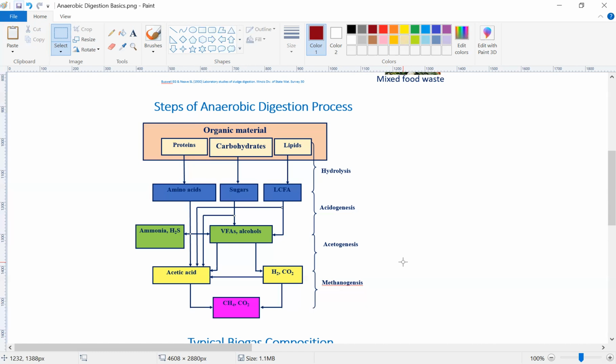Several enzymes can be present in an anaerobic digester, and these enzymes can break down these compounds and produce amino acids, sugars, and LCFA, which is long chain fatty acids. These compounds are intermediates. So basically, if there were no other bacteria, you could just get these sugars and long chain fatty acids.